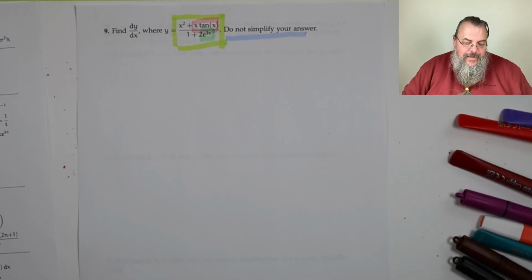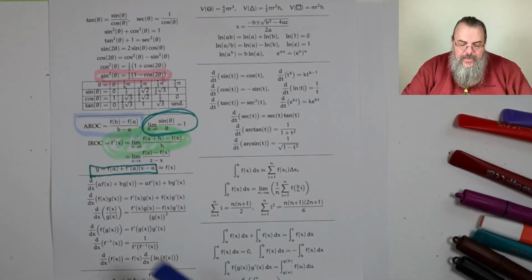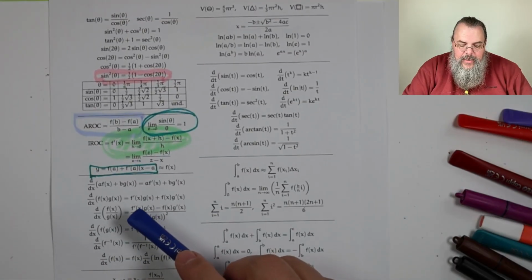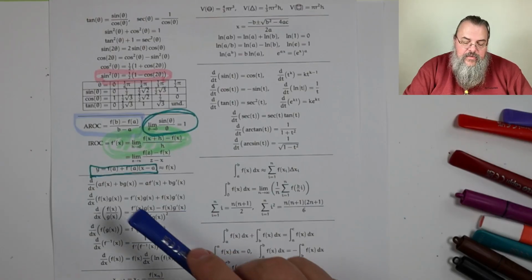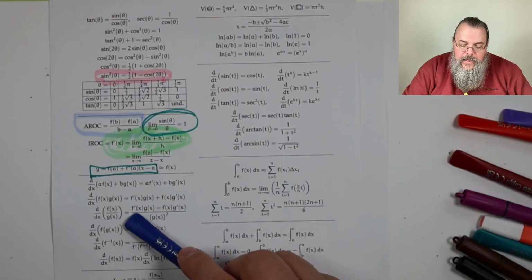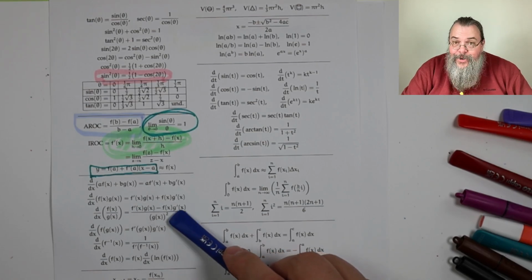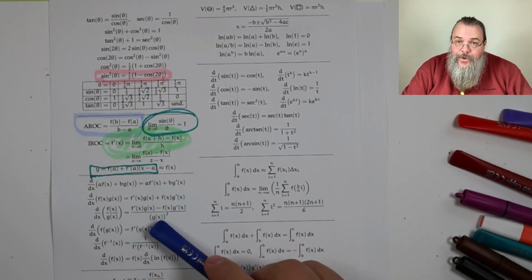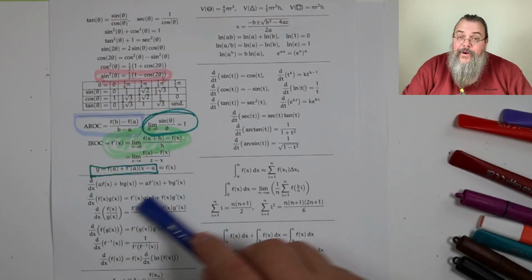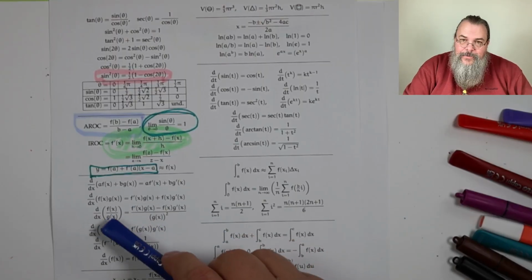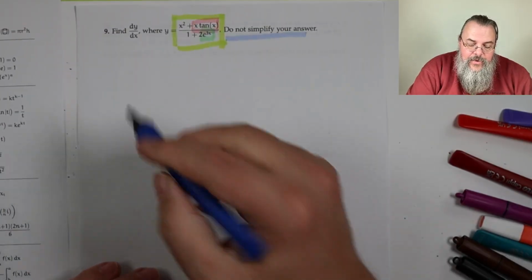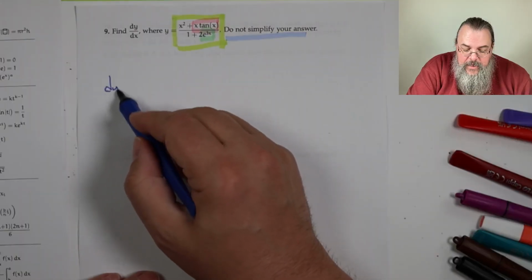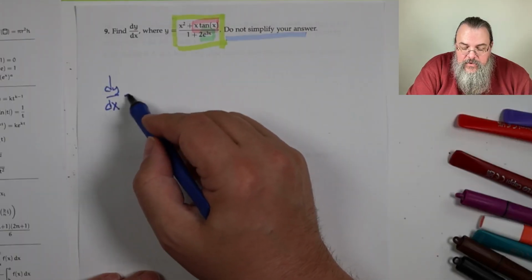Slowly. Now, quotient rule says take the bottom times the derivative of the top minus the top times the derivative of the bottom. So most people remember this as low d high minus high d low over low squared. However you choose to remember it, you always have the formula sheet. Make sure you apply it. So we have dy dx. I'm going to do this in 2 steps.